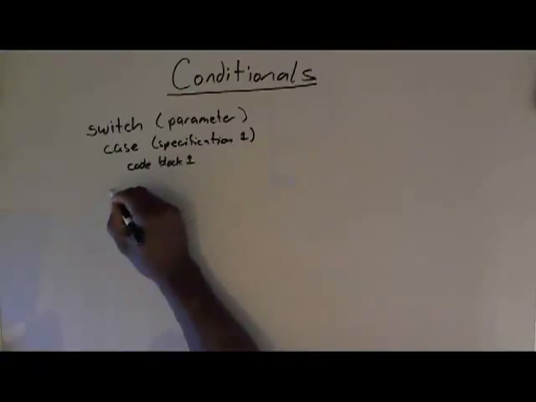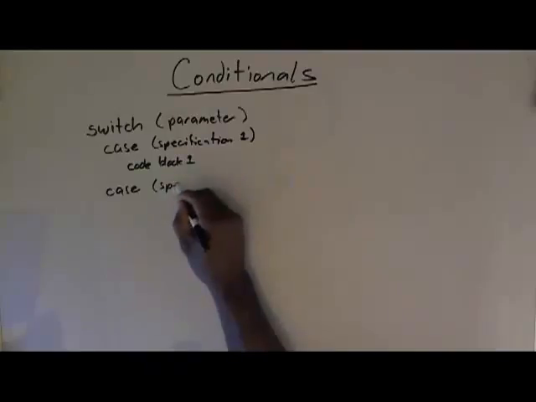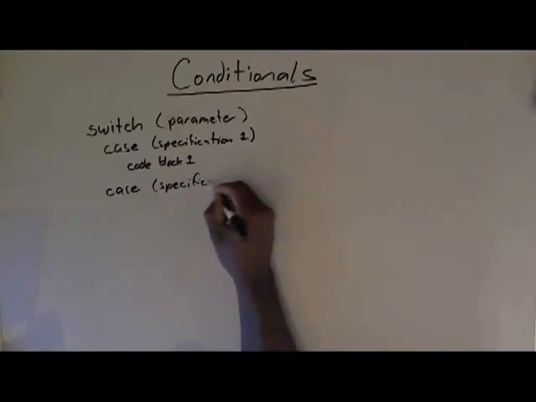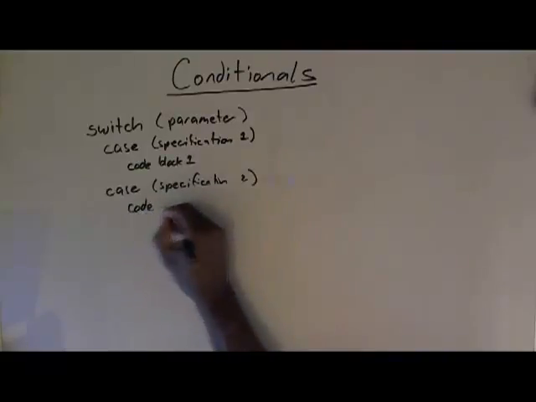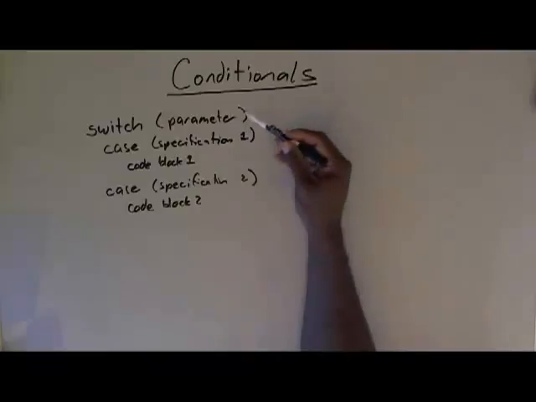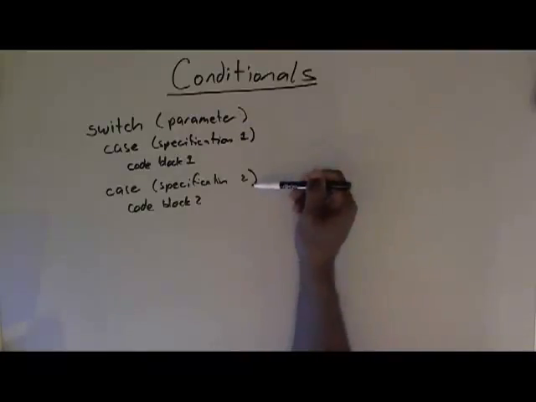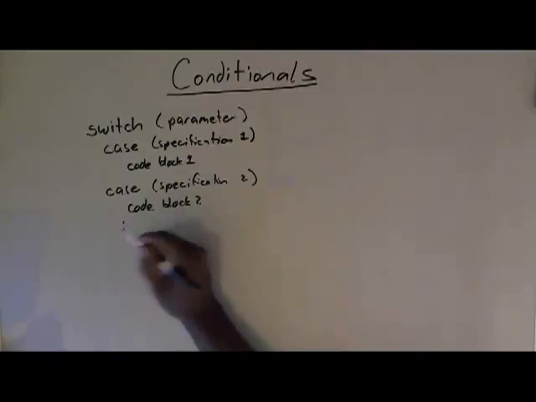Then if I want to give it another specification, specification 2, and then that's code block 2. So if this parameter meets this specification, then this code block runs, and so on and so forth.